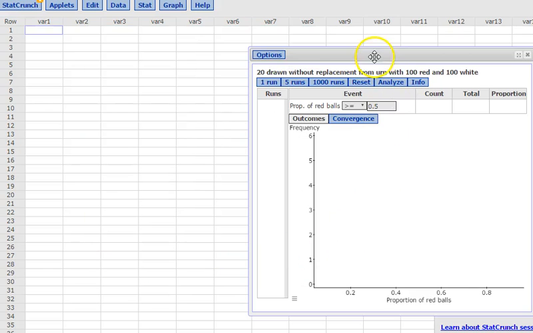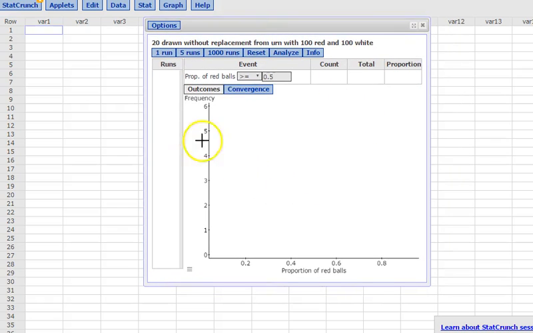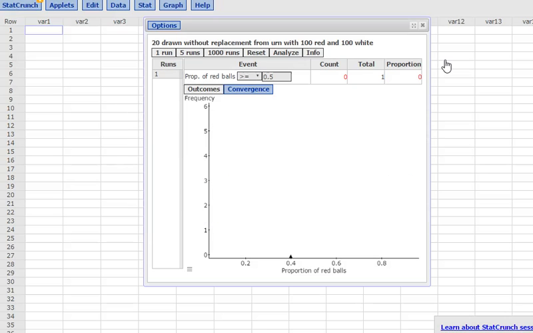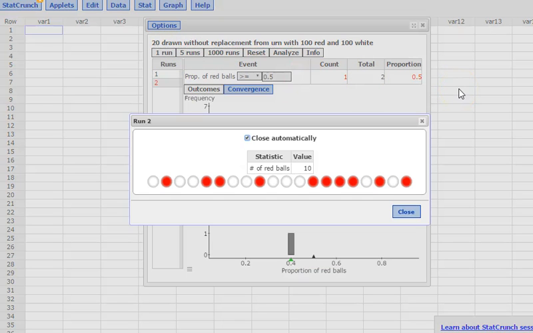So I have here a little screen, and if I push one run, it pops out. 8 of my beads are red. So it's 40%. I have one sample of beads in which the proportion of red beads was 40%. So I do another run. I get another 20 beads. This time 10 out of the 20 are red.